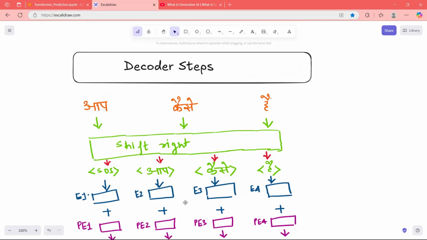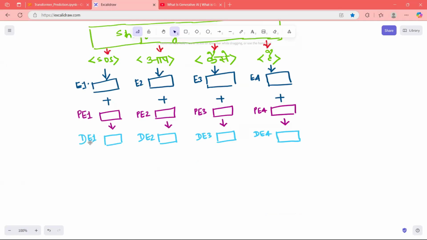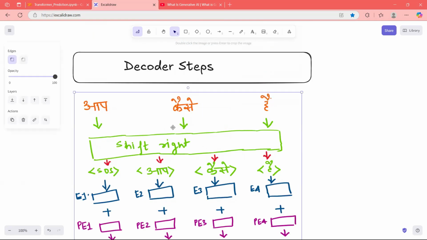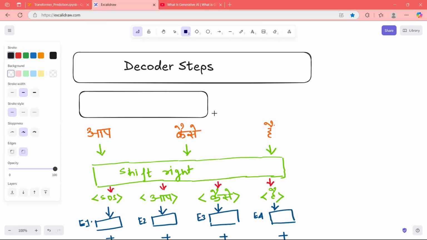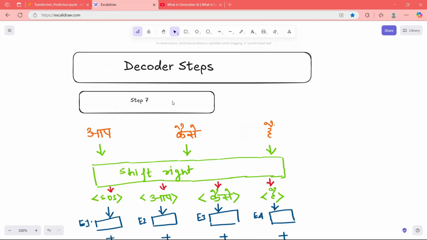So basically we have shifted the output right, then embeddings, then positional encoding. What goes inside the decoder block is decoder embedding 1, 2, 3, 4. So this is step 7.